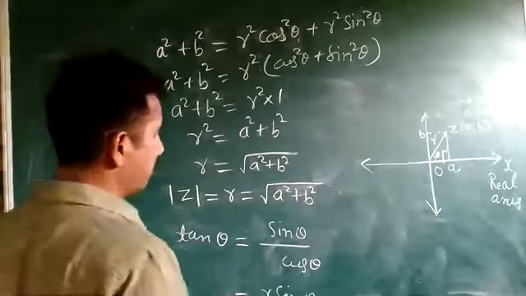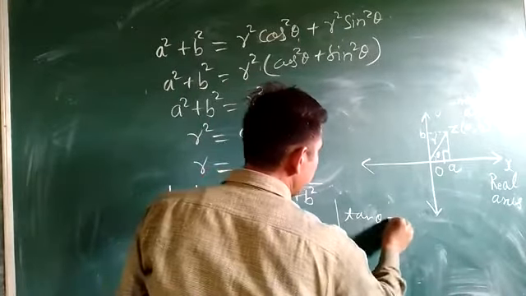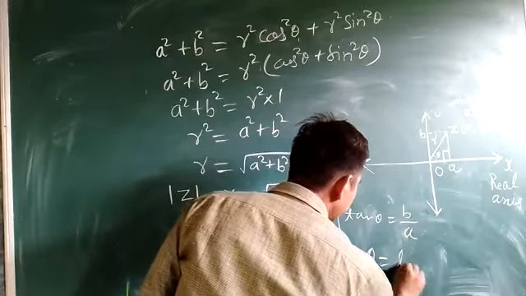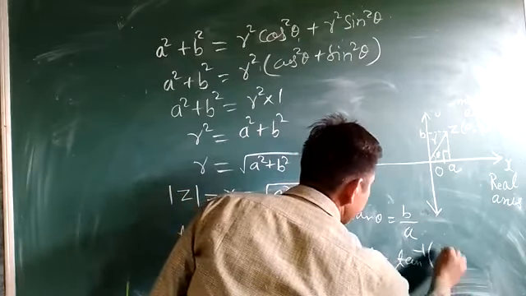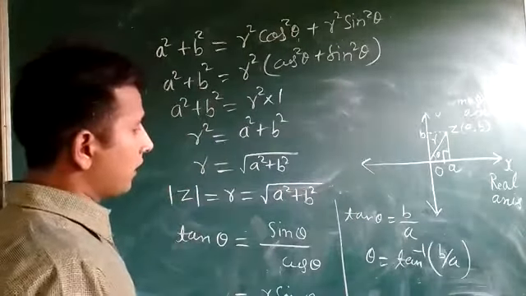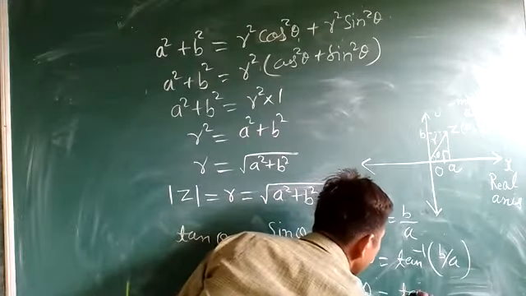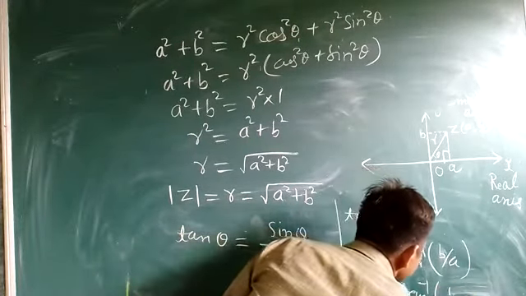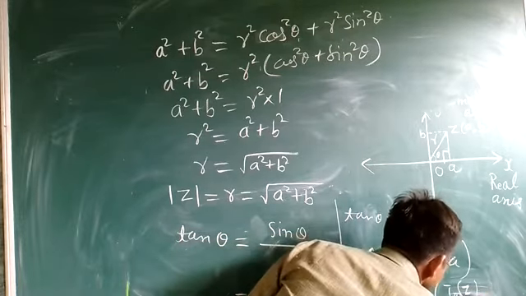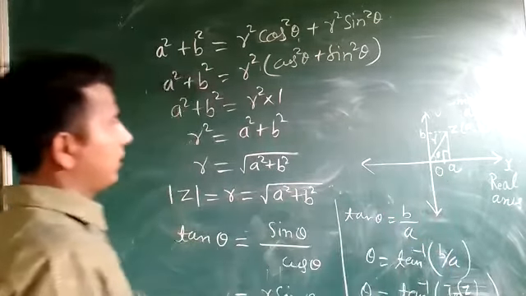So r sin theta is b and r cos theta is a. We put tan theta equal to b by a, theta equal to tan inverse b by a. Okay. And from here we write theta equal to tan inverse imaginary part of z upon real part of z, that is the argument.